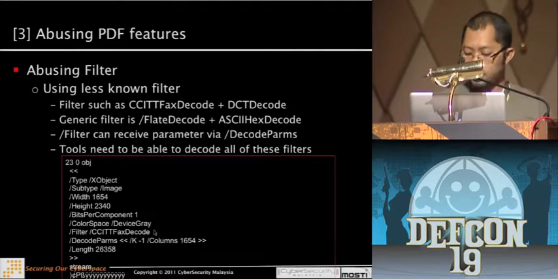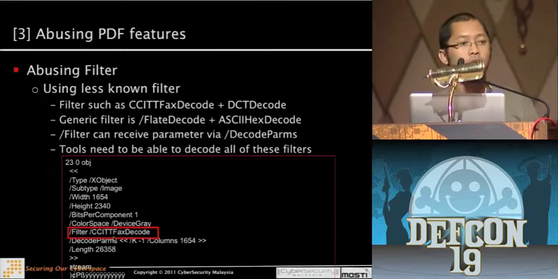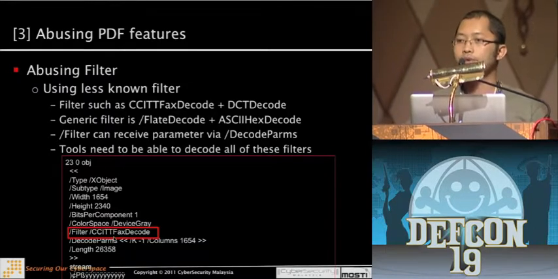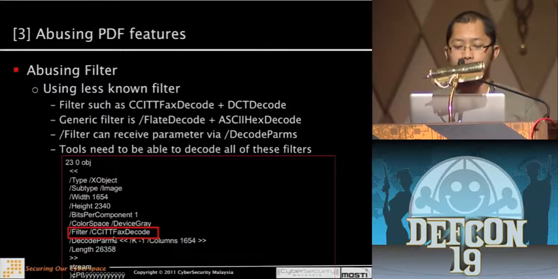For example, this code implements CCITTFaxDecode. It's normally for images, but it really doesn't matter. It's not necessarily an image. You can put whatever you want, as long as it's within the format of CCITTFaxDecode.